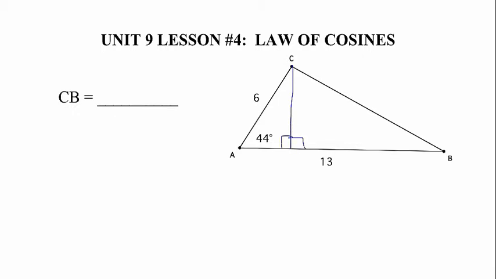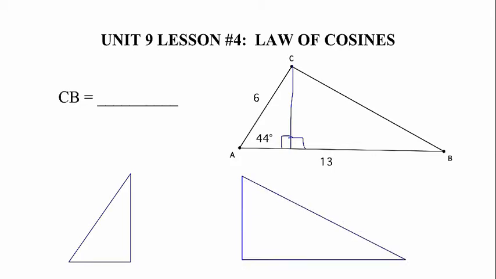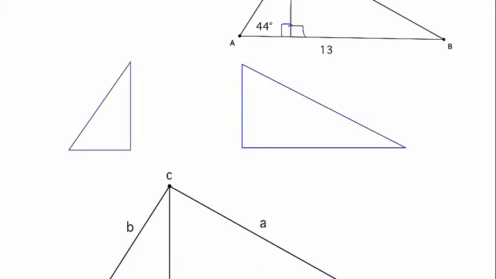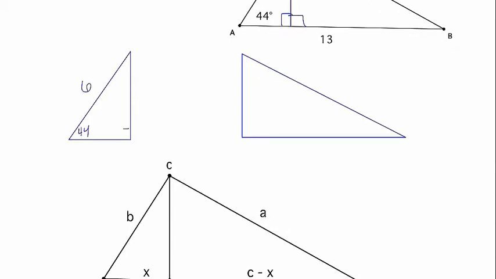So by drawing an altitude in this triangle, I have now built a right triangle on the left and a right triangle on the right that I can work with. And I'm going to go ahead and transfer the numbers that I have onto these triangles. In the triangle on the left, I have a 44-degree angle, I have a hypotenuse of 6, and I have the 90 degrees from the altitude.